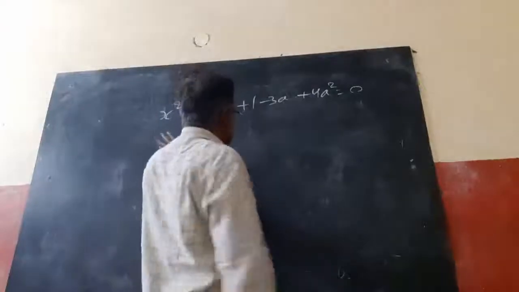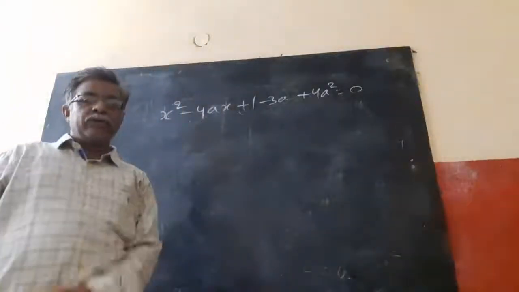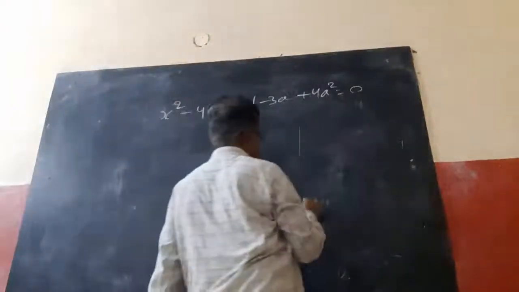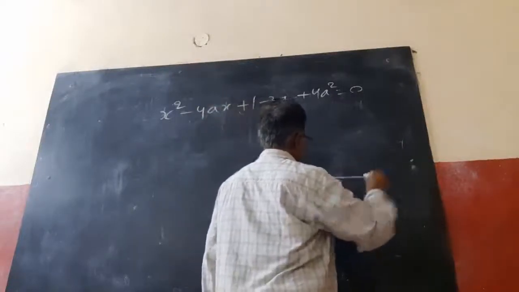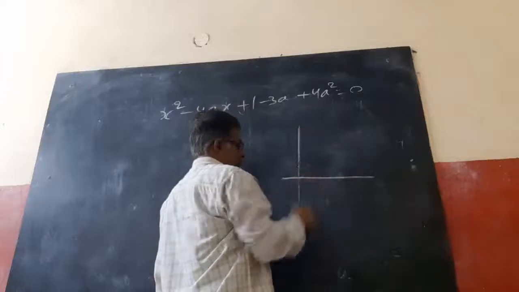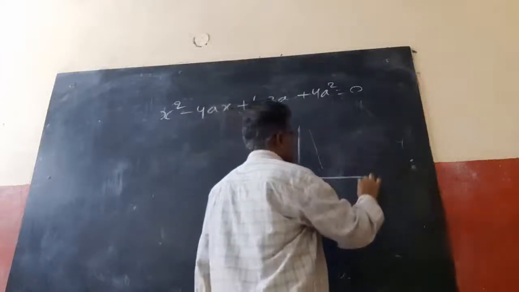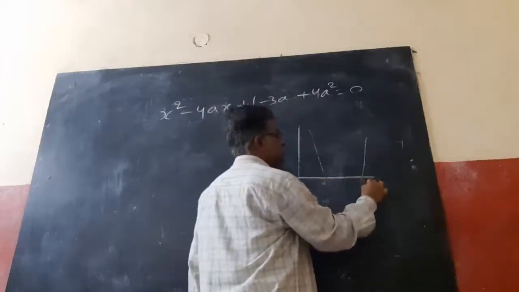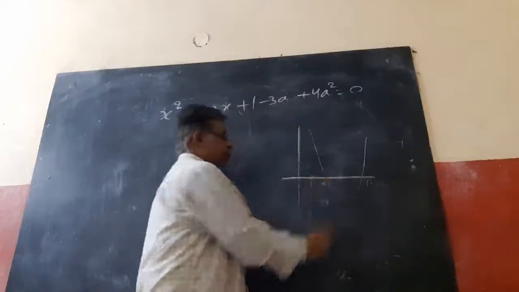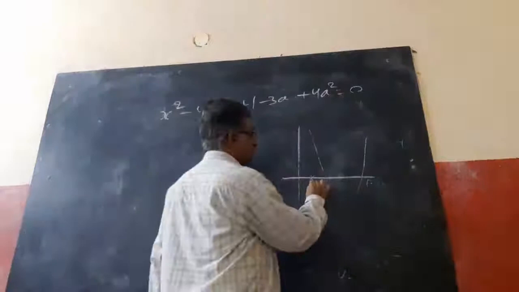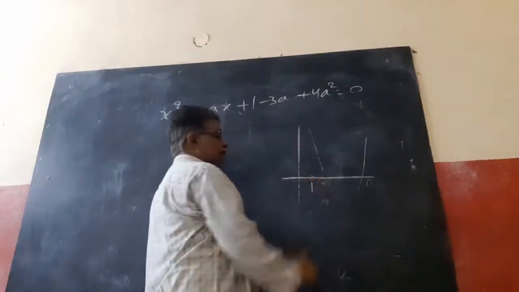If both the roots of this equation exceed 1, means if I draw the graph, yesterday we already discussed this. If this is alpha, this is beta, both are exceeding 1, means 1 is somewhere here. What are all the conditions we discussed?